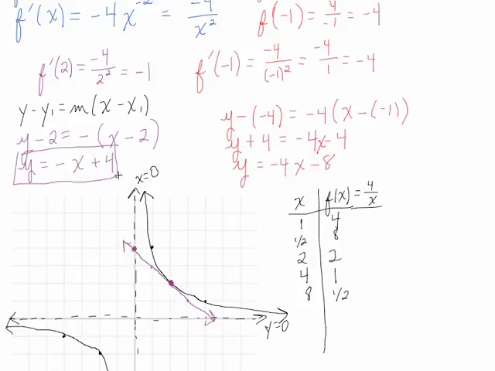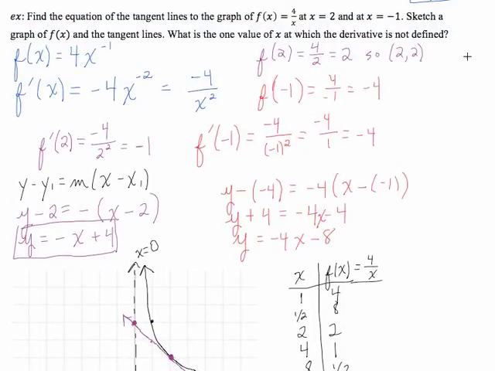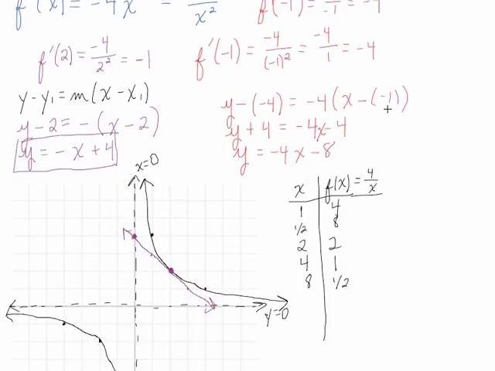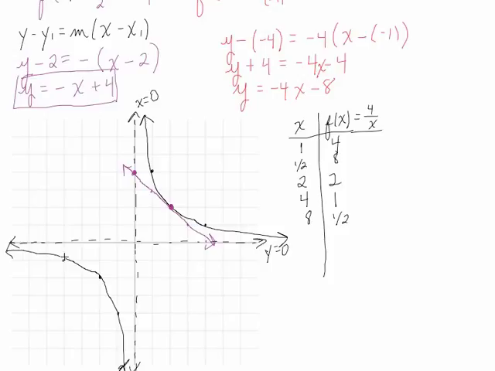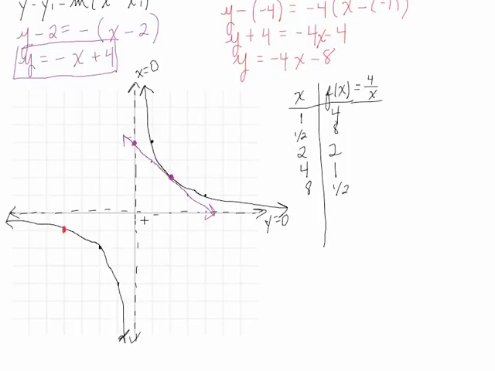And this one, the other tangent line, touches at x equals negative 1, has a slope of negative 4, and it goes through the point negative 1 comma negative 4. So here's negative 1, negative 4, and because the derivative at negative 1 is negative 4, let's count it out here. I can go up 1 over 1, 2, 3, 4, a little bit off the graph there, or down 1 over 1, 2, 3, 4.